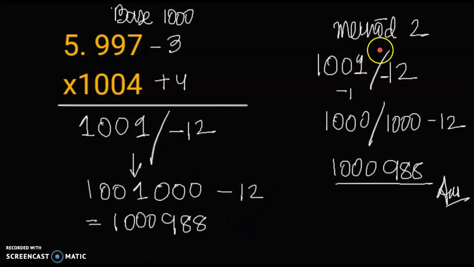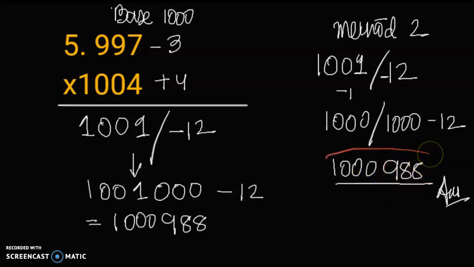The second method also you can perform, that is 1001. Here we got 1001 and 12, so I have written over here, and you can proceed with the second method that I explained in the previous example. 1001 minus 1, that gives you 1000, and here 1 becomes 1000. 1 times base, so 1 times base is 1000 minus 12, so this part becomes 988.